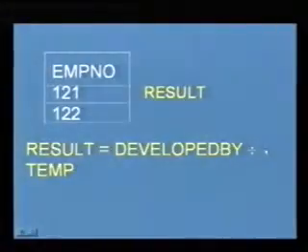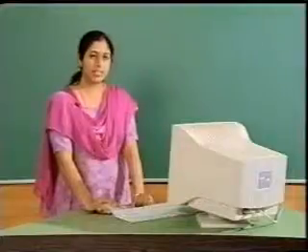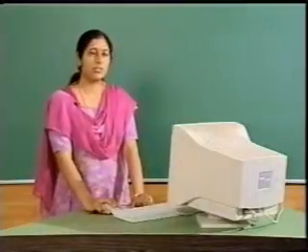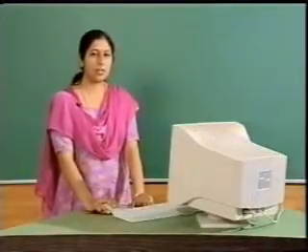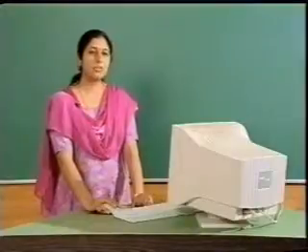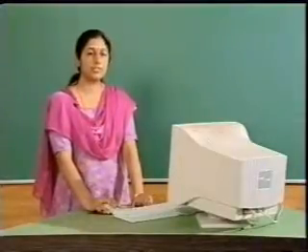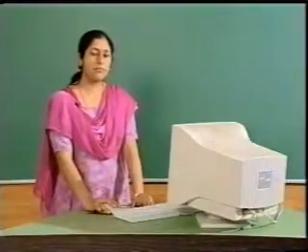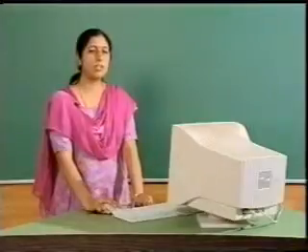Thus what we have done is we have divided the developed by relation by the temp relation to obtain the result. Thus, in this discussion, we have understood the importance of Cartesian product operation and have also seen what can be the disadvantages of using it. We have learned what are the special relational operations in relational algebra.